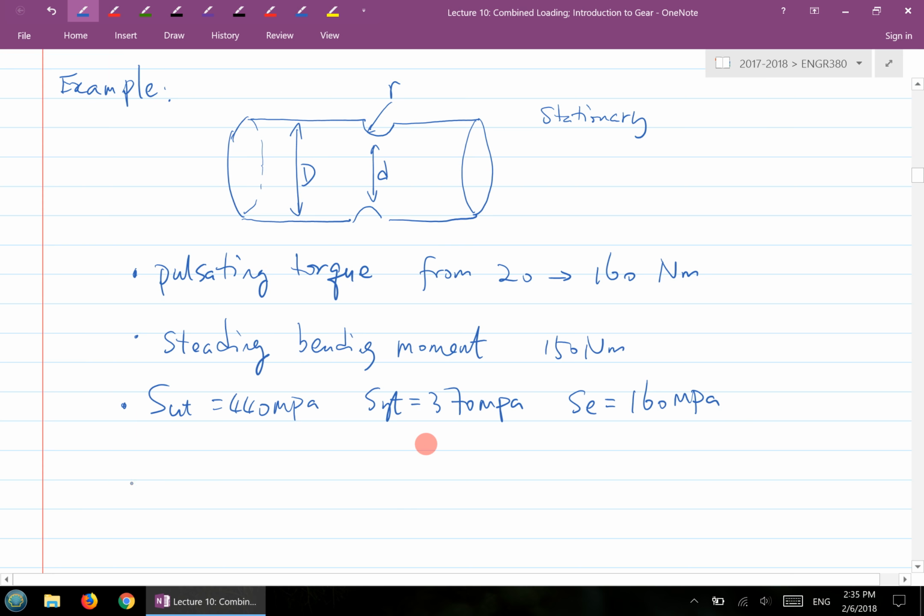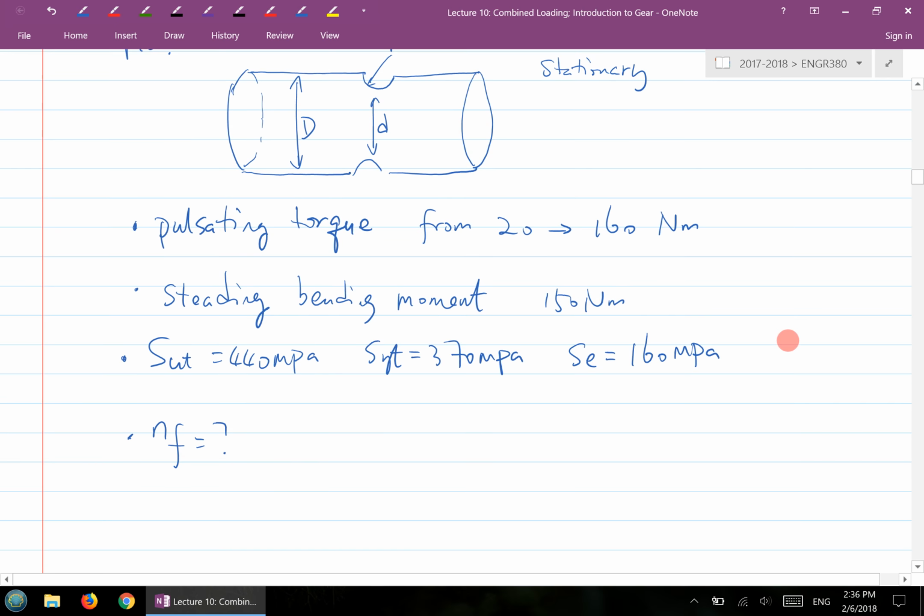We want to calculate the fatigue safety factor at the critical location. The critical location obviously is at the notch, which is this location here.